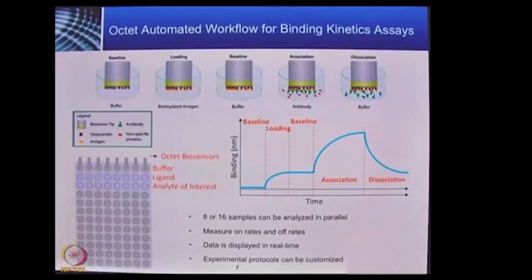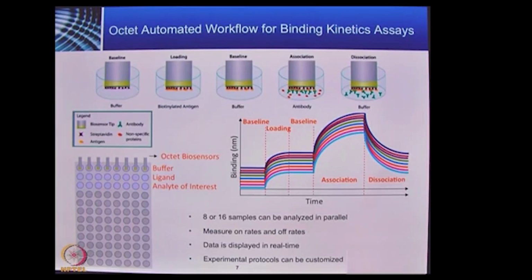We can get many details from this analysis. Depending on the system you are using, we are able to analyze either 8 samples, or 16 samples, or even 96 samples at the same time, which dramatically speeds up the analysis process.